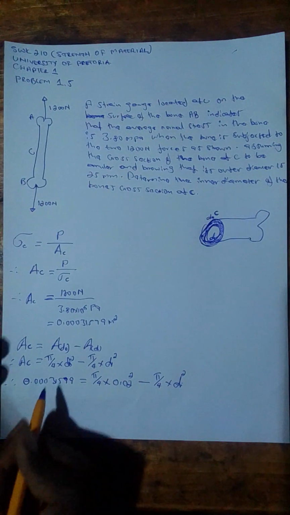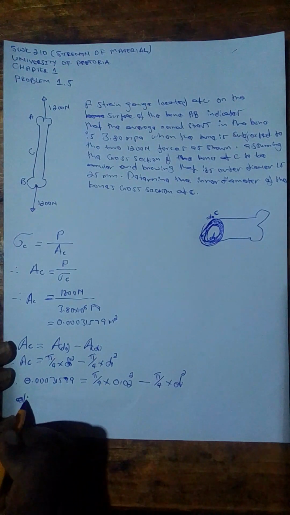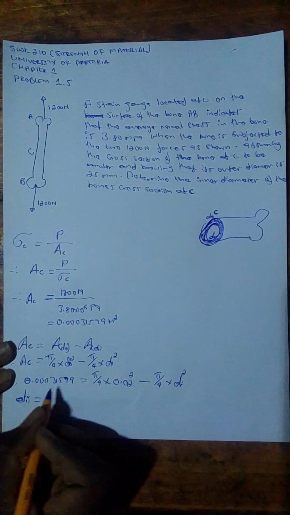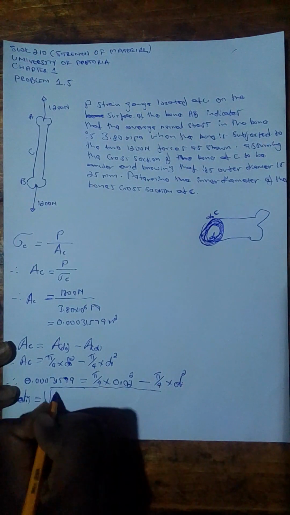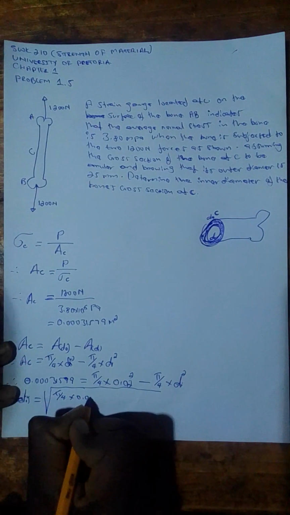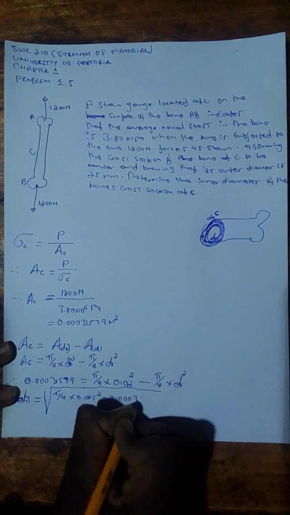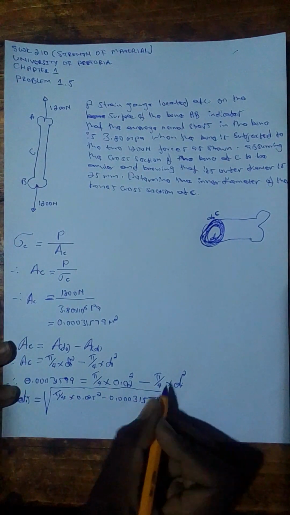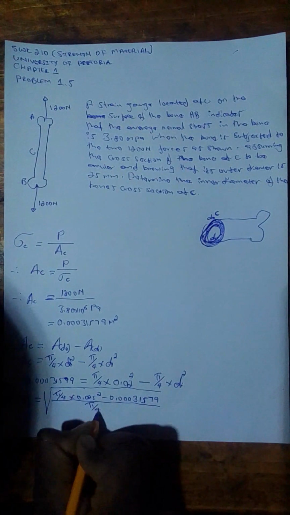So with that said, you can simply make some rearrangement and make di the subject of the formula. So you can have our internal diameter is equal to the square root of pi over 4 multiplied by 0.025 squared minus 0.000031579, all over pi over 4.